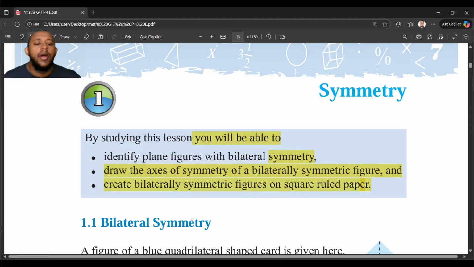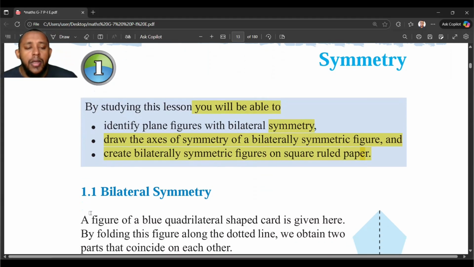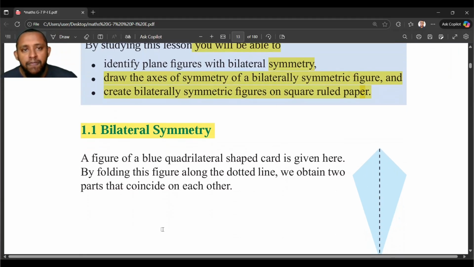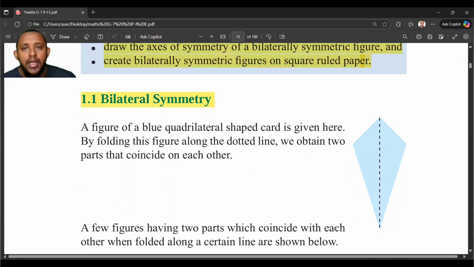So we'll go one by one with the first subtopic, 1.1 bilateral symmetry. Okay, so a figure of a blue quadrilateral shaped card is shown to you on this side.